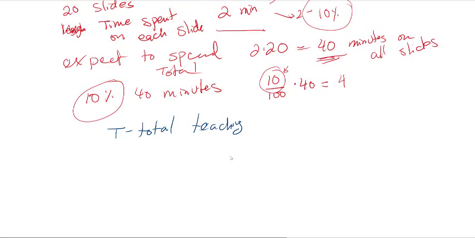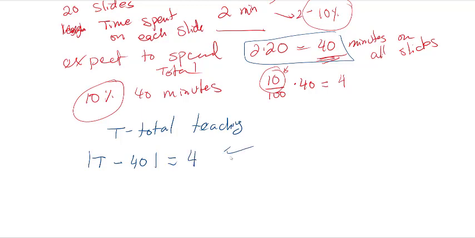Okay, so now if T will be our total teaching time, we know that on average it's going to be 40, right? Because we know that our average teaching time is 2 times 20, which is 40. So our real teaching time minus our average teaching time can be no more than 4, which is 10%.